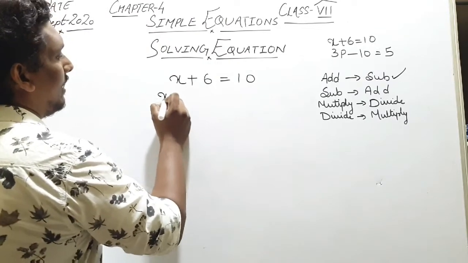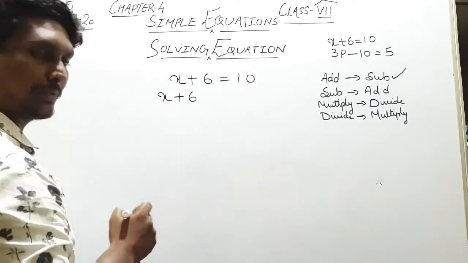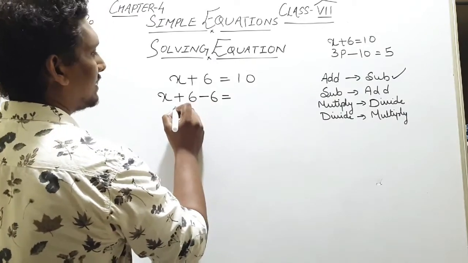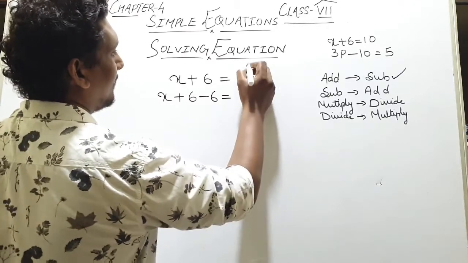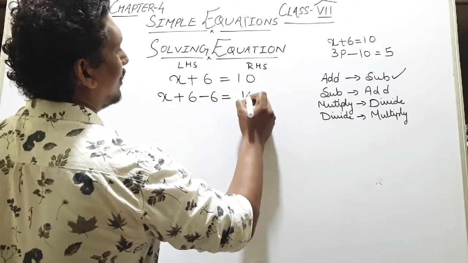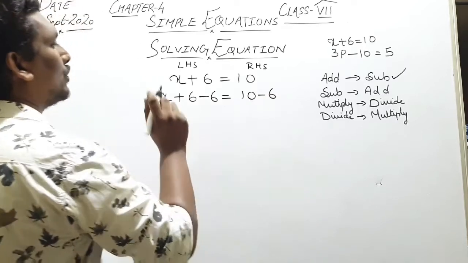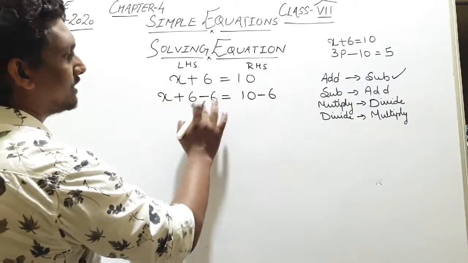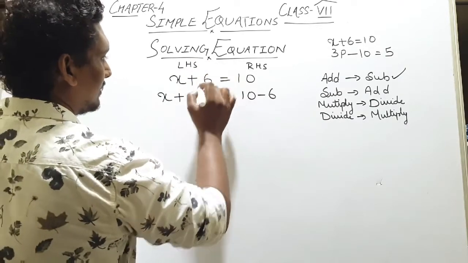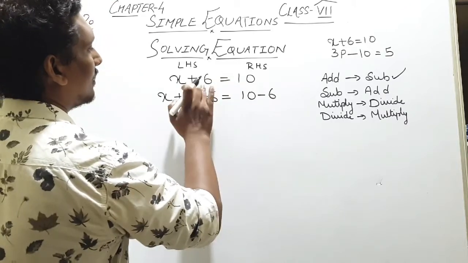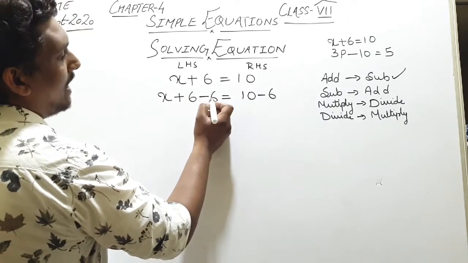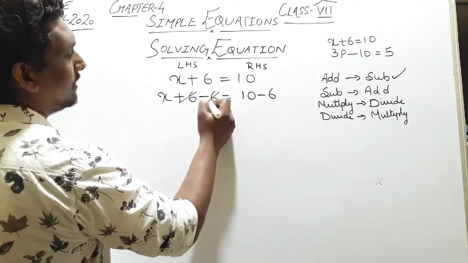On the LHS part, x plus 6, we will subtract 6, and on the RHS part we do the same thing. We subtract 6 on both sides so that this extra 6 is removed. This plus 6 and this minus 6 will get cancelled, right?